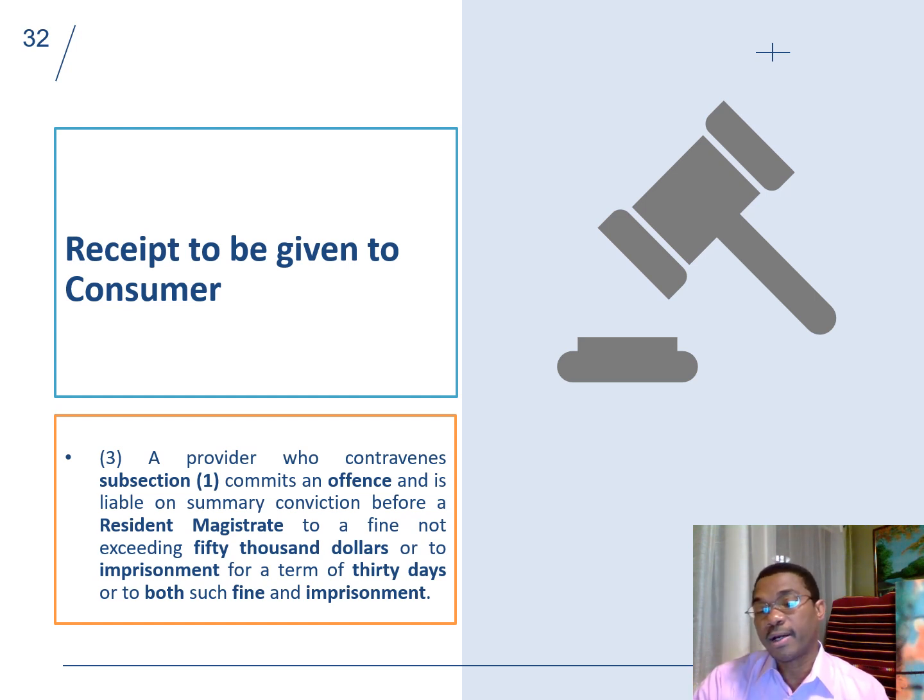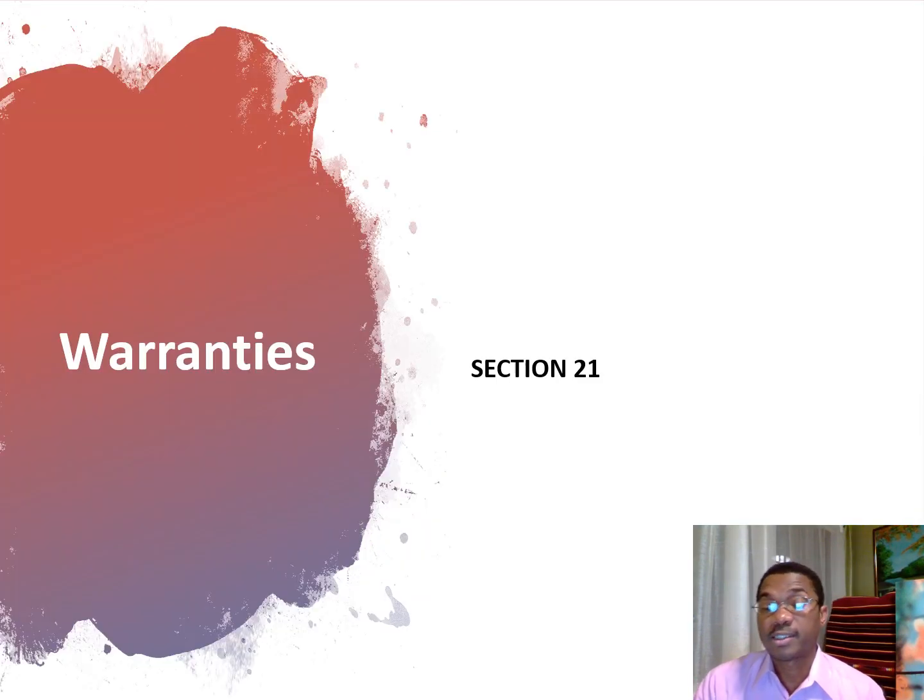So here is the first time in the legislation that we are seeing now not only a fine as a penalty or a pecuniary fine, but certainly the threat of imprisonment, right? So it demonstrates how important it is for service providers or providers of goods to give receipt.